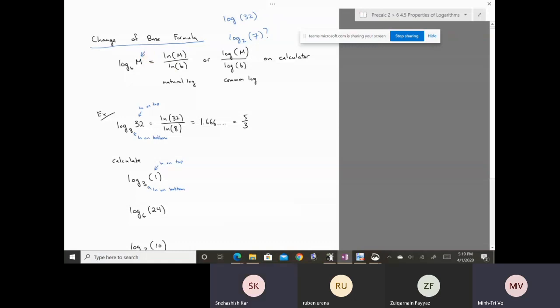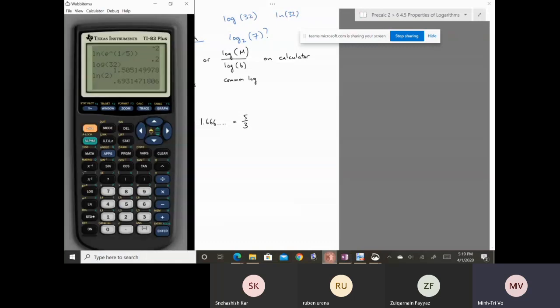So yeah. Wait, so the ln and the log, they're just the same thing? No, they're not the same. Say I want to calculate the log of 32 and the ln of 32. These two separate calculations give you different numbers. Log of 32 is 1.5 something, and ln of 32 will give you a different number, 3 point something.